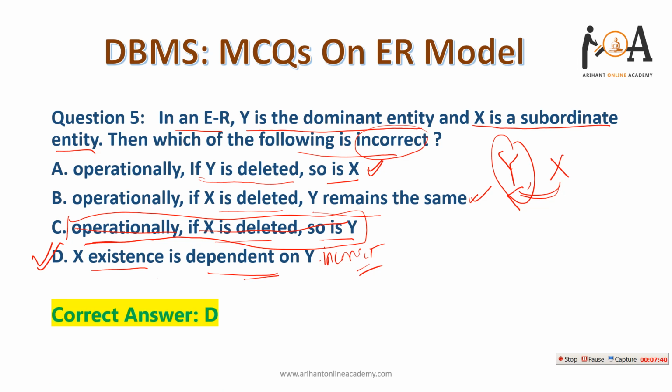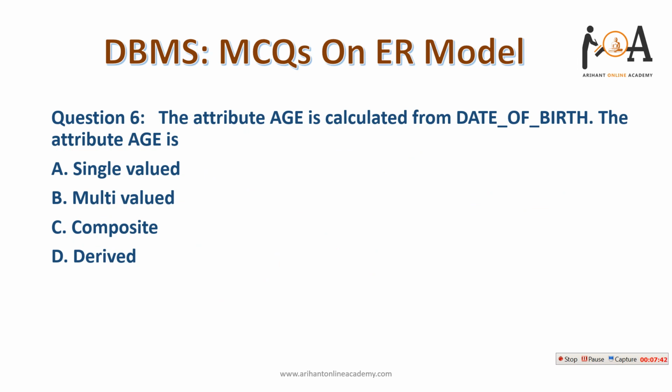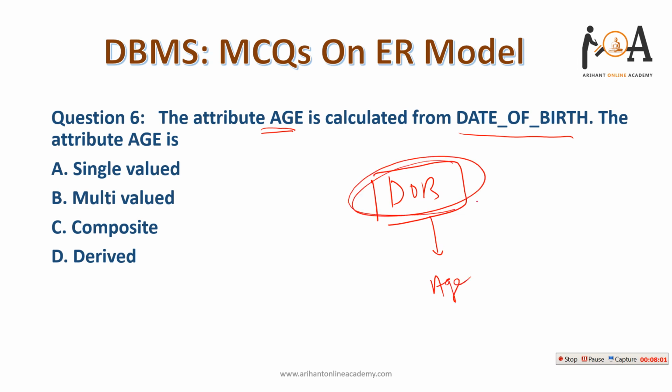No need to worry. The next question is, the attribute age is calculated from date of birth. So basically if date of birth attribute is there, then we can also find what is the age. Suppose a student's date of birth is given to us, because it is an attribute, so I need to make it in the elliptical manner.